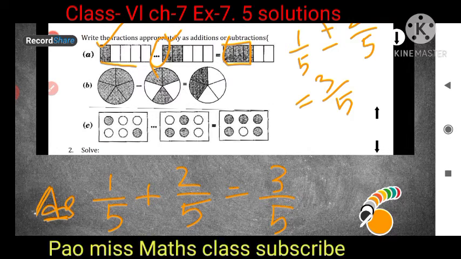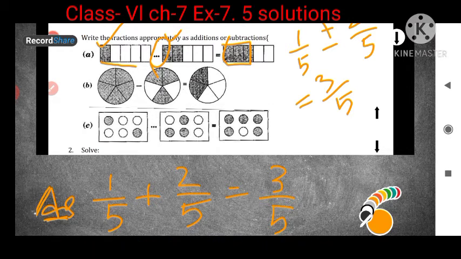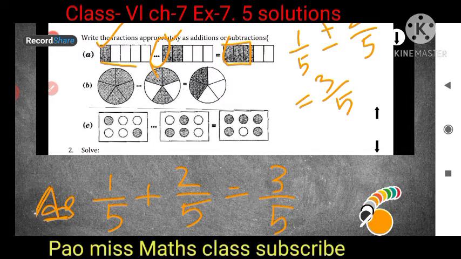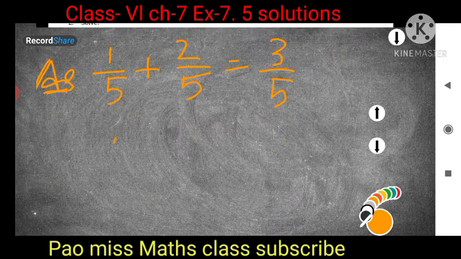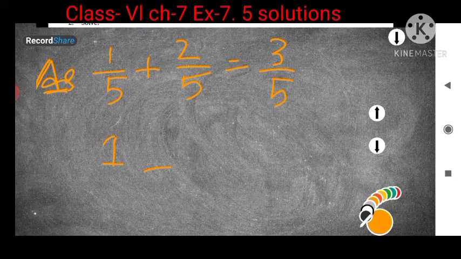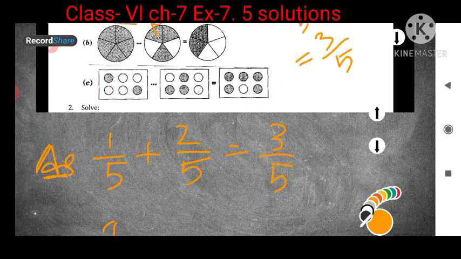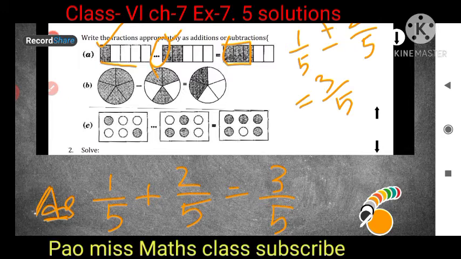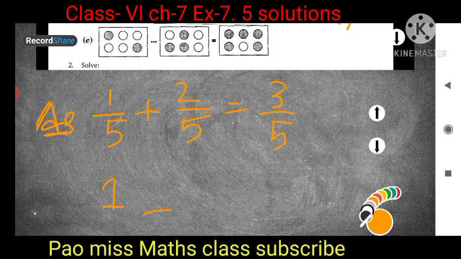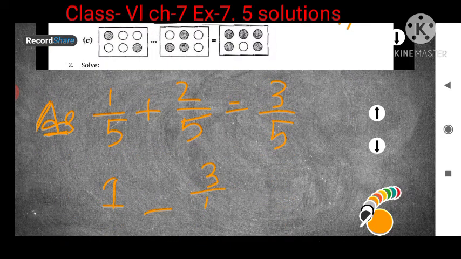Here all parts are shaded, isn't it? If all parts are shaded, that means it is one whole. And what is given here in the next? 1, 2, 3, 3 parts are shaded out of 5, isn't it? 3 upon 5.